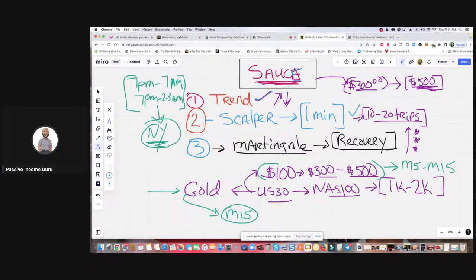If you're here between the Asian session and the London session, the 1-minute time frame will be sufficient. But if you're going to do the New York session along with everything else, you want to mess with the time frames and increase the time frame a little bit, especially on the volatile pairs. Hopefully you understood that.